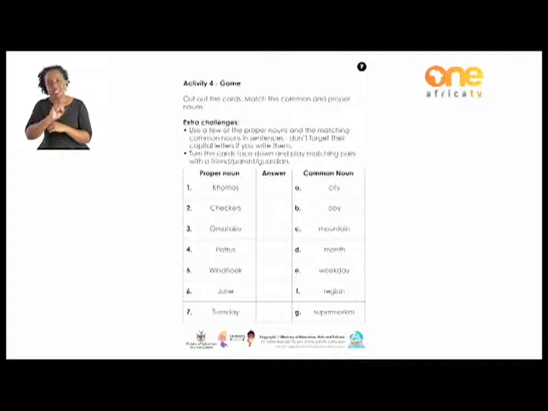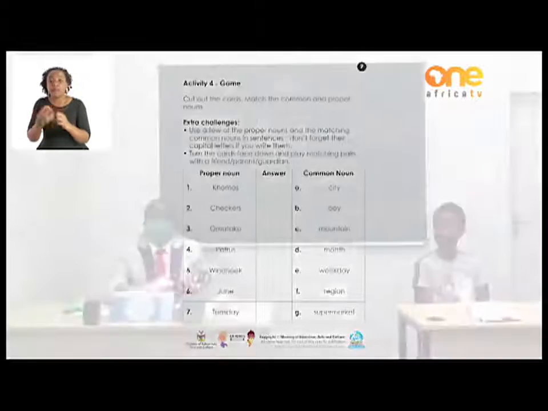So you continue from number 3 up to number 7, finding the corresponding words. Remember, you first cut them out into cards, then you open them up and try to match them, just like the example that I've given for commerce region and checkers supermarket. Okay, if you have problems, you should ask.